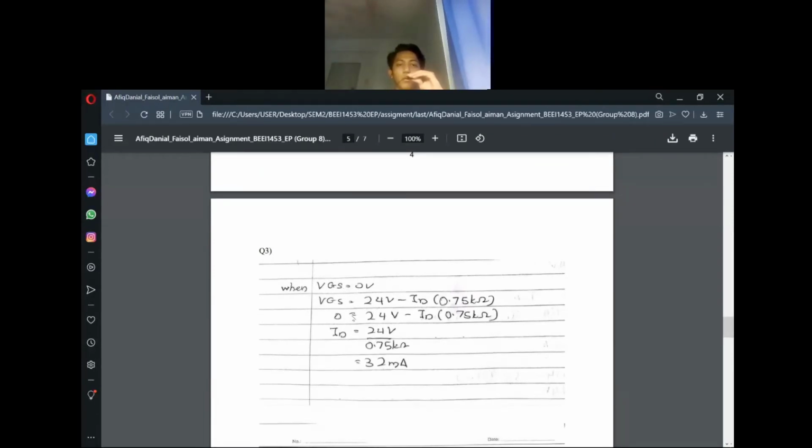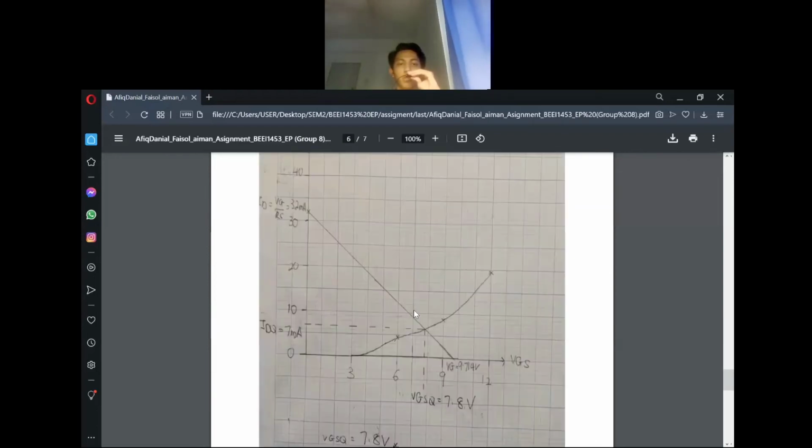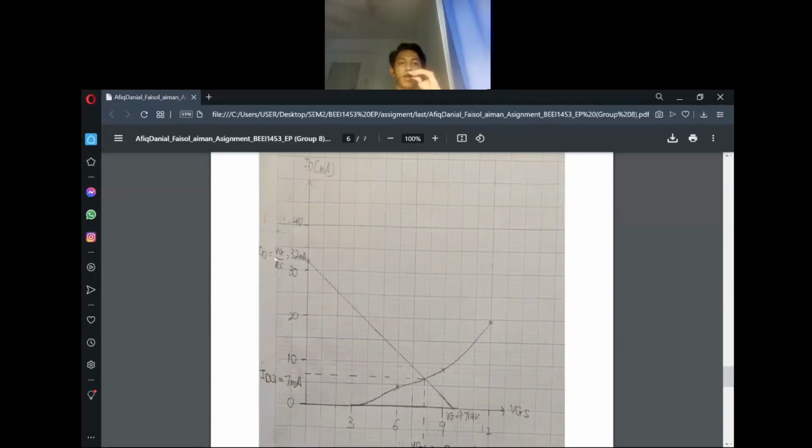So 0 equal to 24 volt minus ID times 0.75 kilo ohm. We transfer negative ID times 0.75 kilo ohm to the other side and solve it. So we get 32 milliampere.